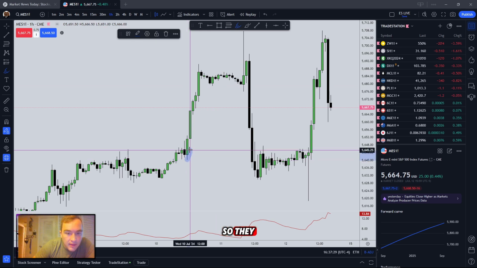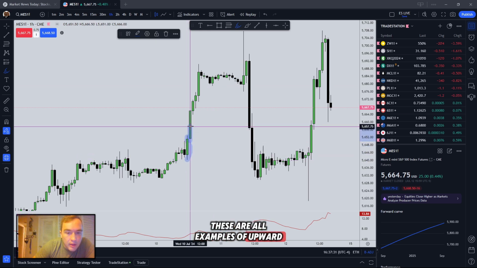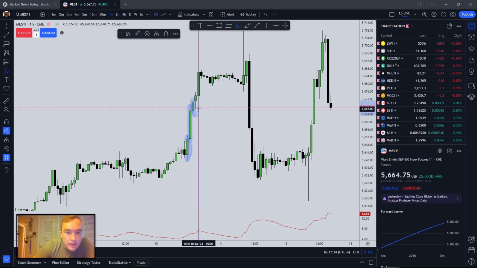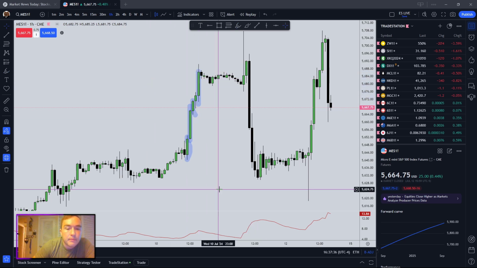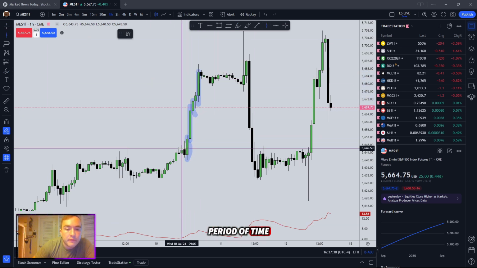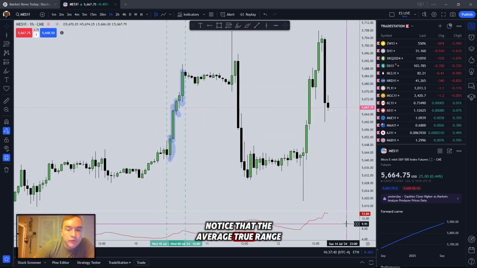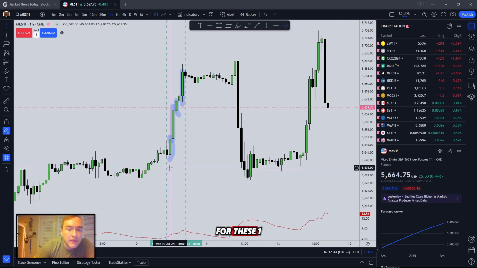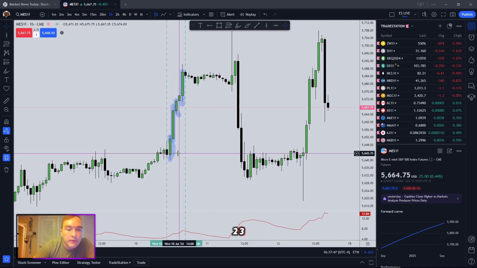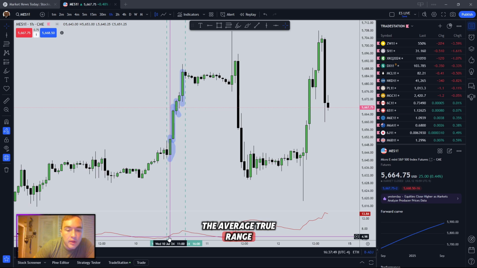So these are all examples of upward trending candles. How do I know that? If we block out this period of time, notice that the average true range for these 1, 2, 3, 4, 5 candles is about 5 points, going up to 6 points.